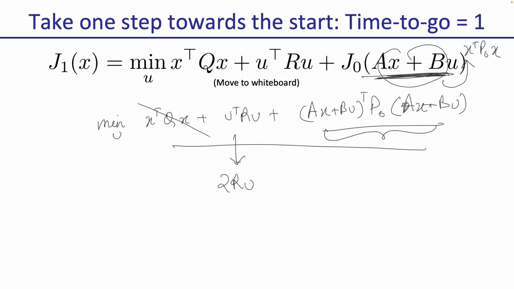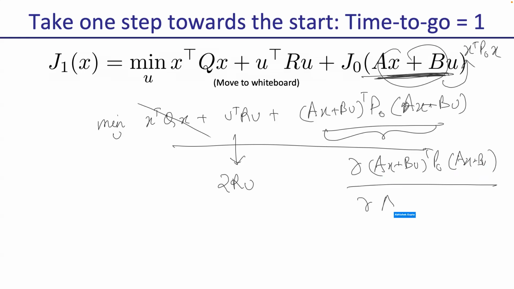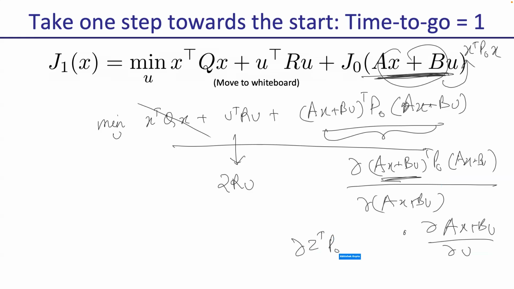Just think of it as d of (AX plus BU) transpose P naught (AX plus BU). Take the gradient with respect to AX plus BU, right? And then do chain rule. So you're going to take d(AX plus BU) with respect to dU. You can kind of think of this as a change of variable. Let's call that thing z, for instance. It's going to be dz transpose P naught z by dz, right? Which is a much less scary term to deal with.